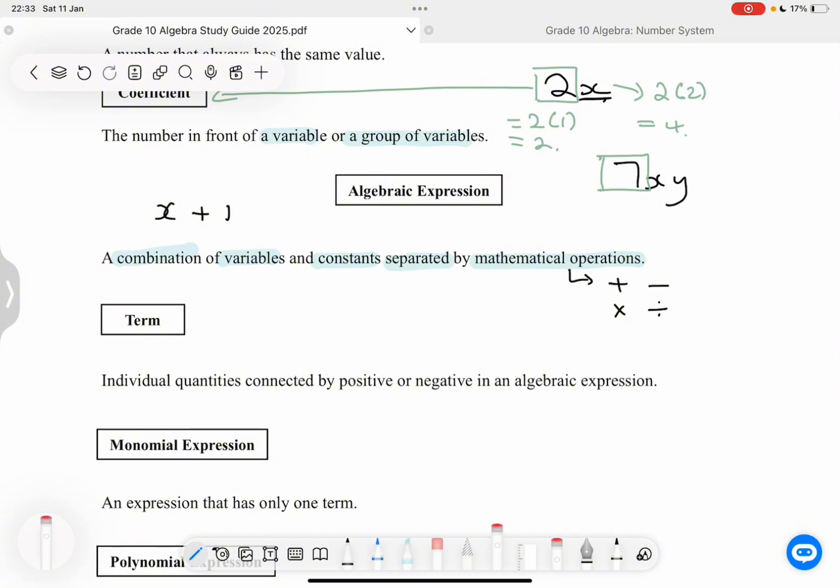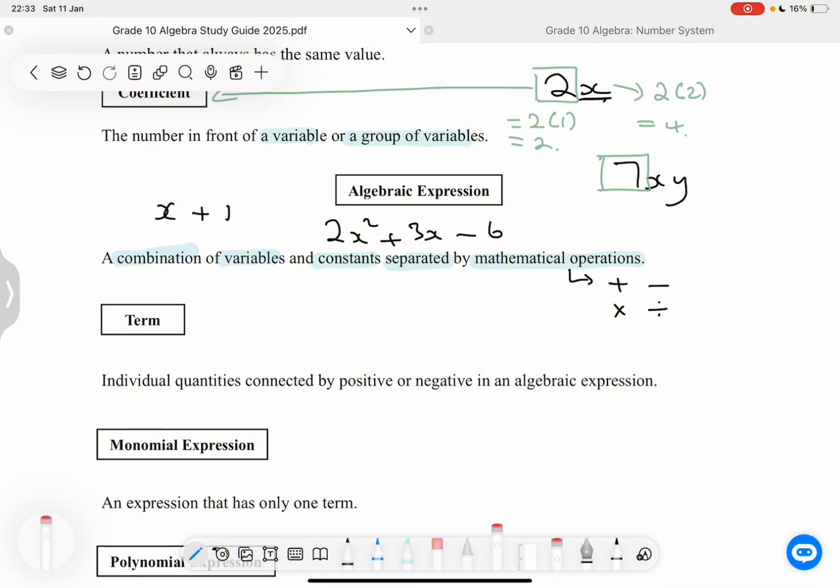There are many expressions that exist, right? Maybe I can give you another example, like 2x squared plus 3x minus 6.